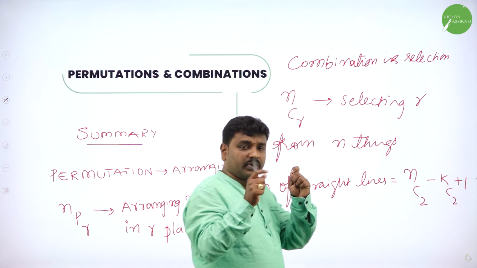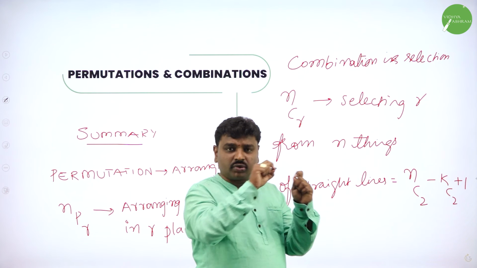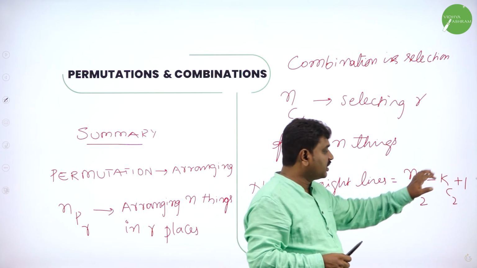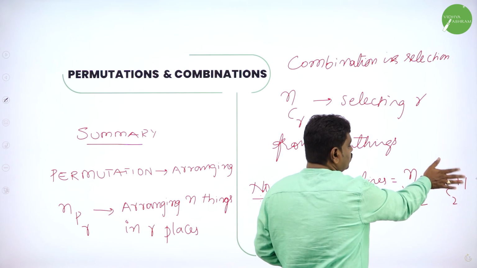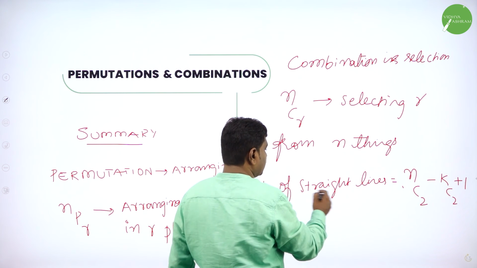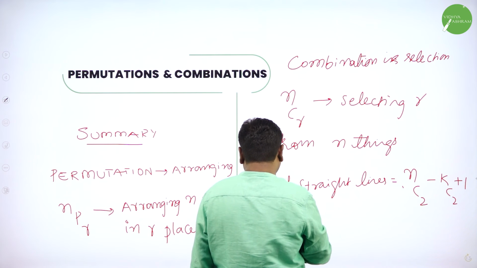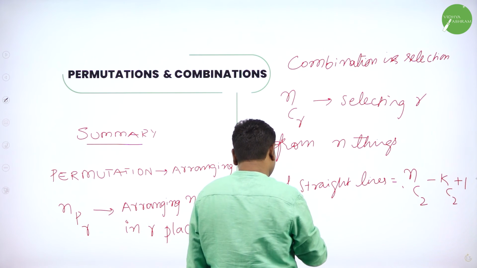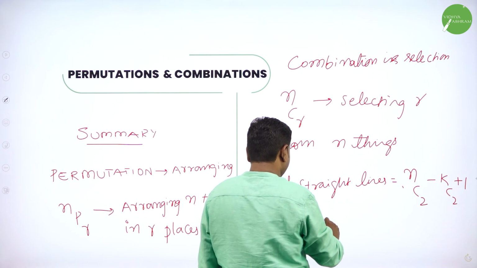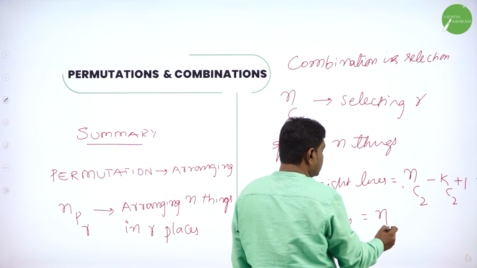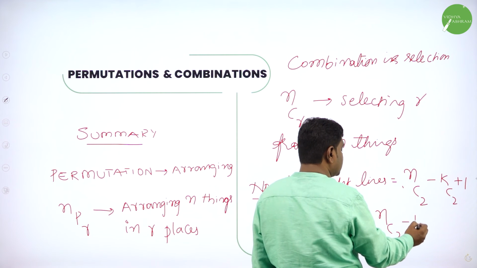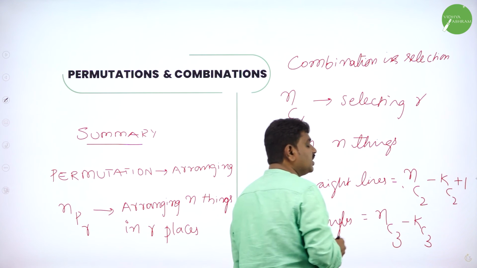To form a straight line, a minimum of 2 points is required. In that, if there are collinear points, remove it and add 1. If there are no collinear points, it is just nC2. So number of straight lines, number of triangles. Number of triangles out of n points which include collinear points is nC3 minus kC3, where k is the number of collinear points.